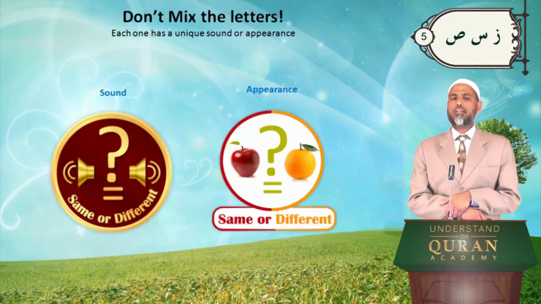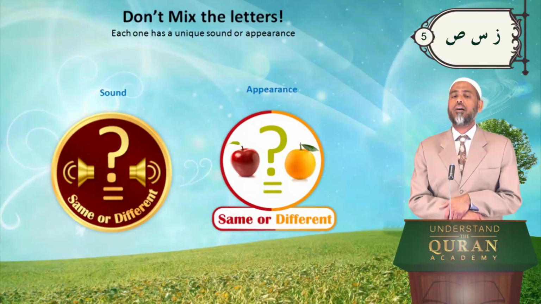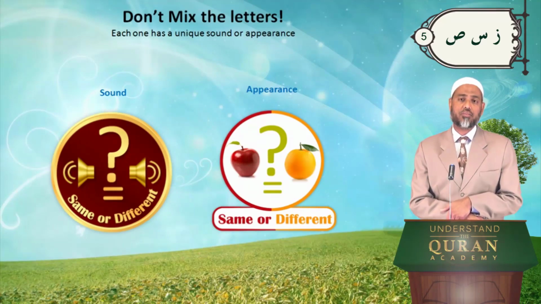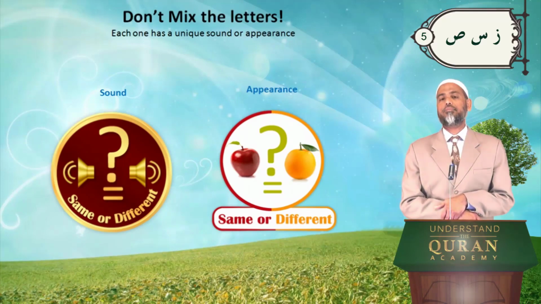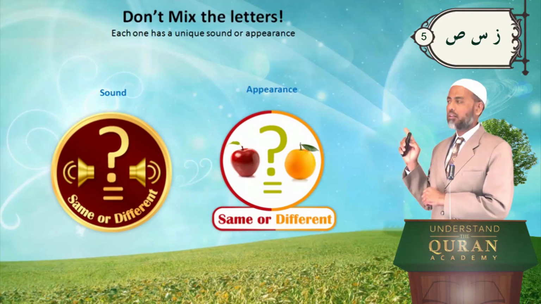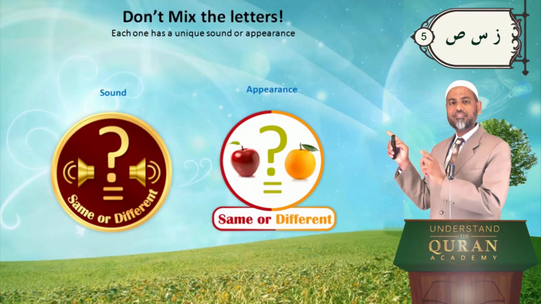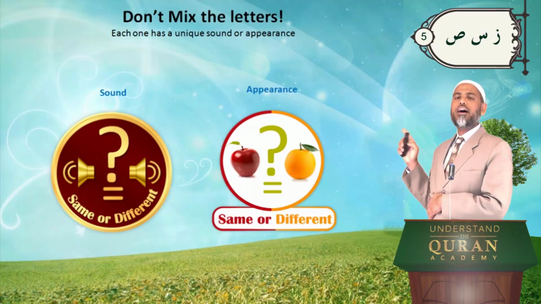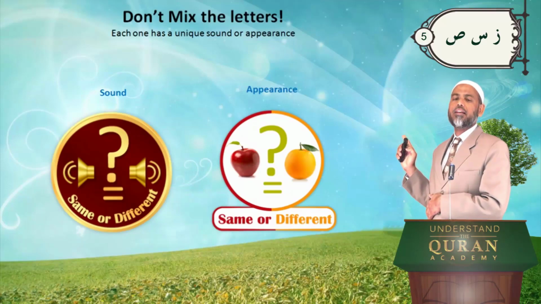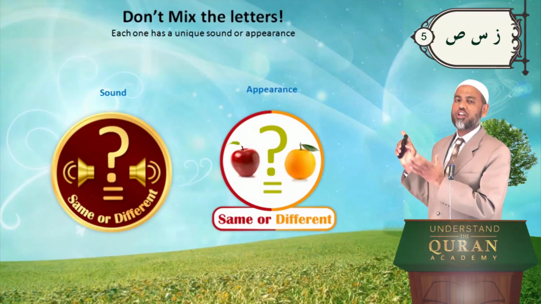Don't mix the letters. Each letter has a unique sound, unique articulation, unique makhraj and appearance. Some letters have different sounds even though they may look the same, and for others the shapes are different.